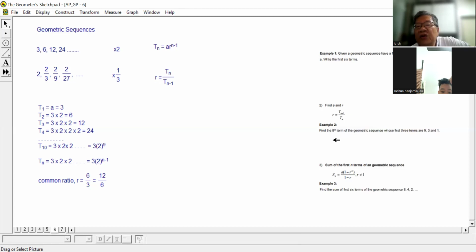Example number 2, find the 8th term in the geometric progression, whose first 3 terms are this. So you try example 1 and example 2. Then we continue.